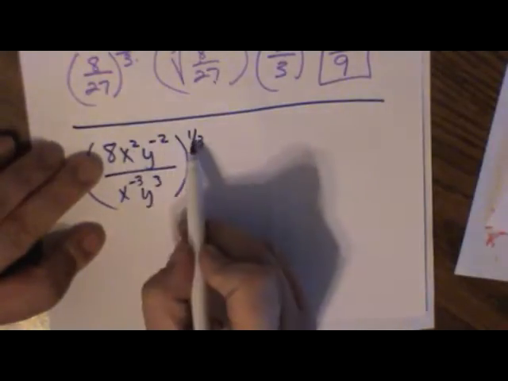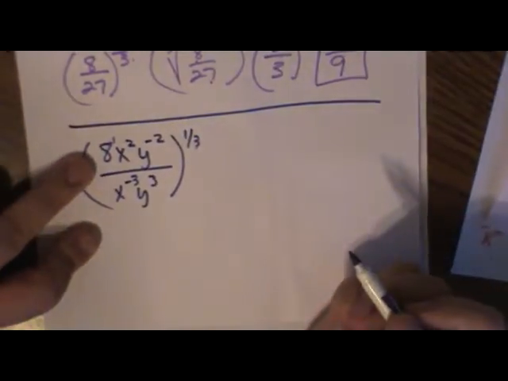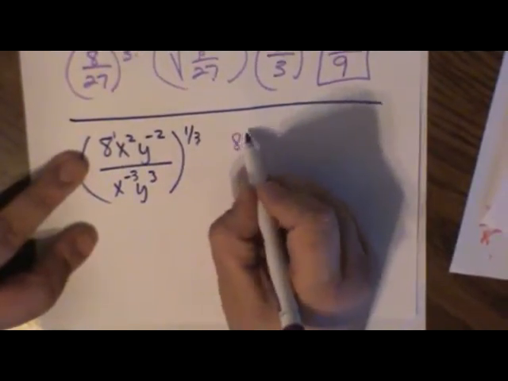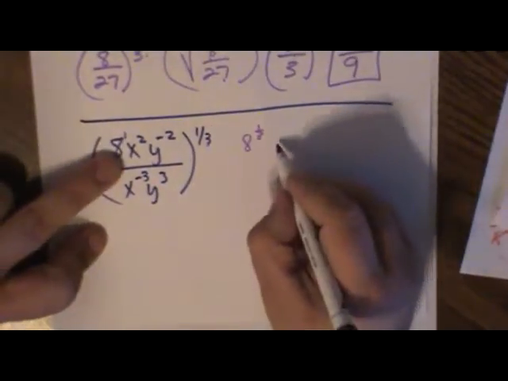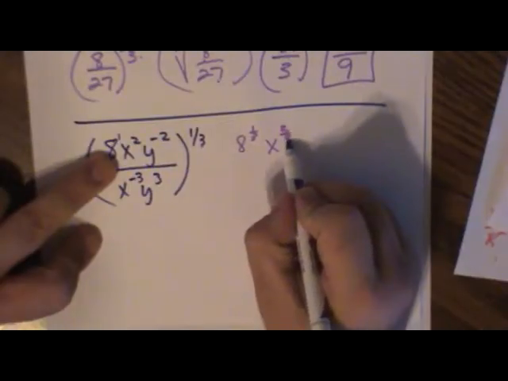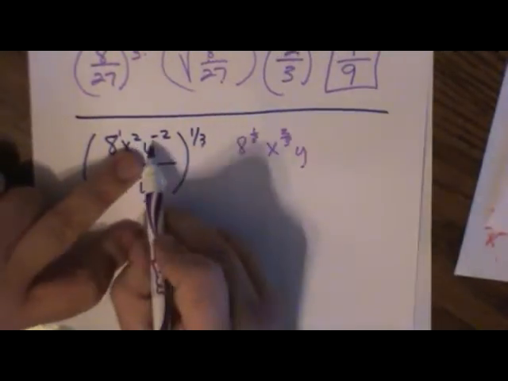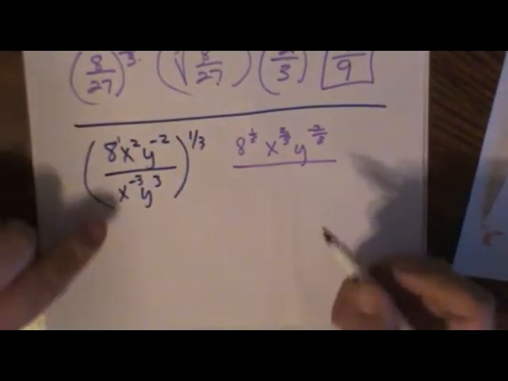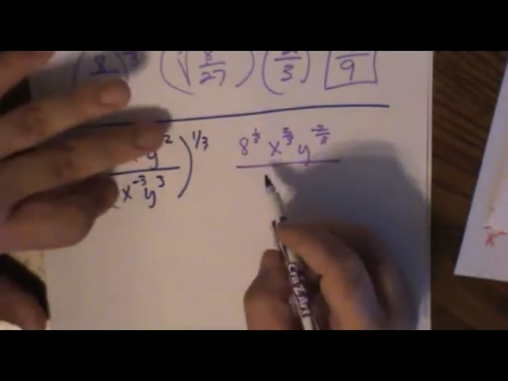So we have, there's really 8 to the 1st power here. So power times power gives us 8 to the 1/3. Then we have x to the 2/3. And then y, negative 2 times 1/3 is negative 2 over 3. And then we have to do our bottom as well, the denominator.